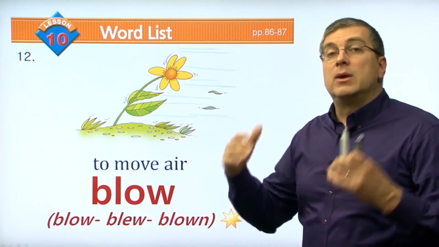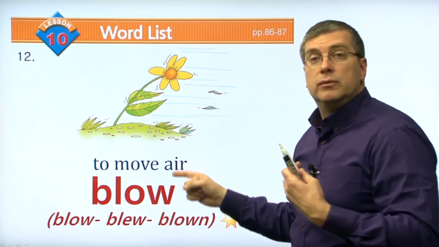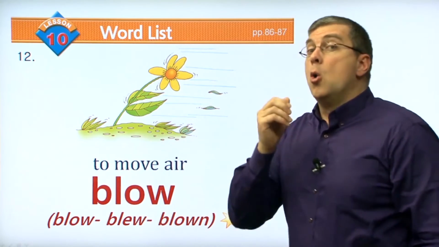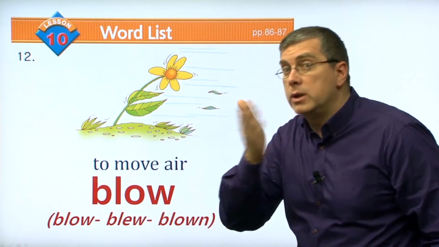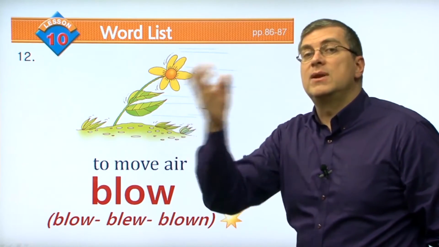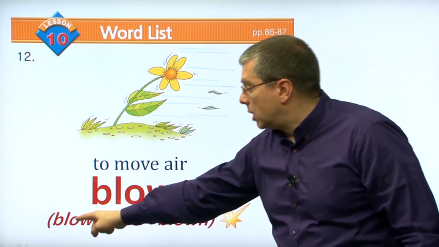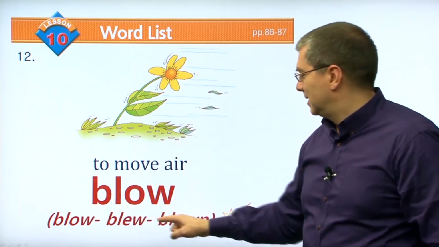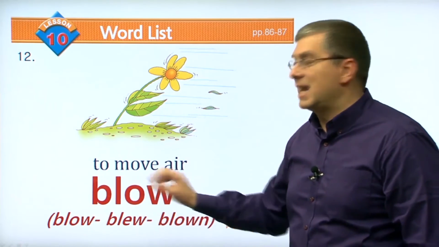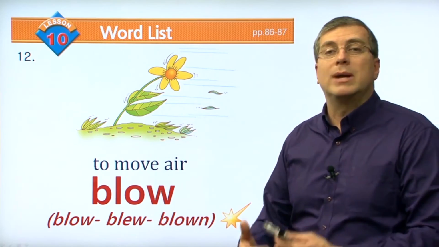When the wind blows, right, then the air moves. We can blow. You can put your hand in front of your mouth. You can feel the air moving. I am blowing, right? Blow, blew, blown. This is an irregular verb, so it changes according to how we use it.